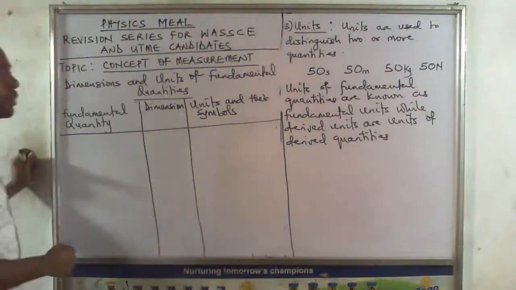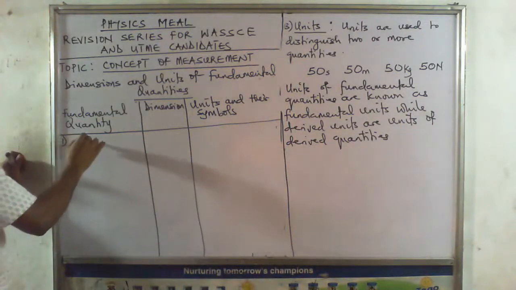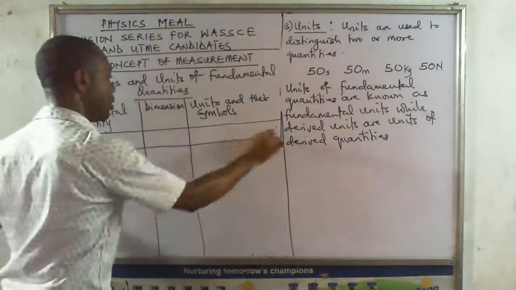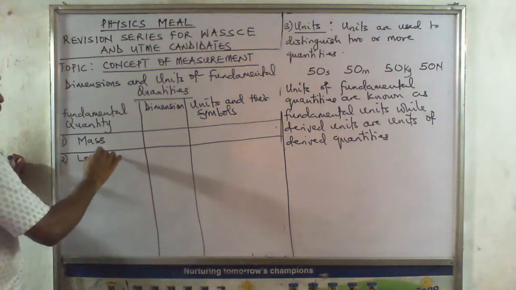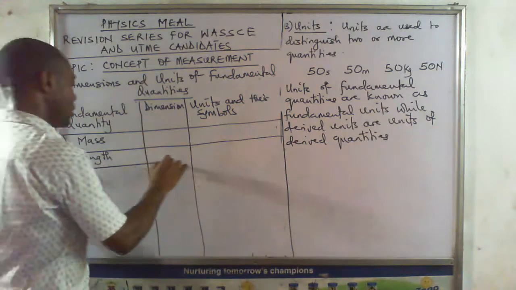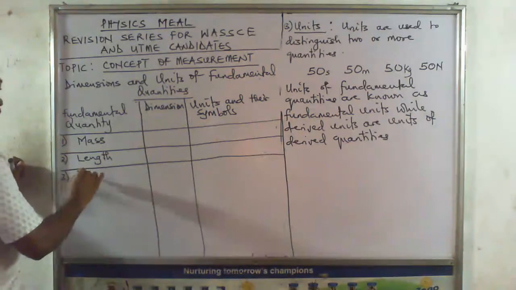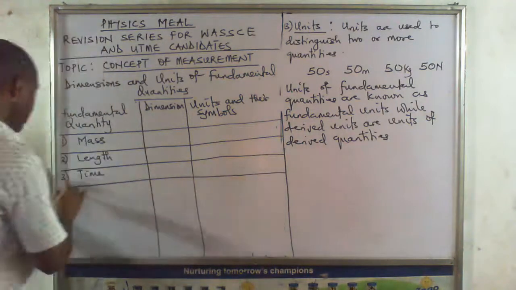Okay, quickly, let's look at this. Mass is one of the fundamental quantities. Mass is one of them. 2. Length is one of them. Okay. 3. Time is one of them. Okay.